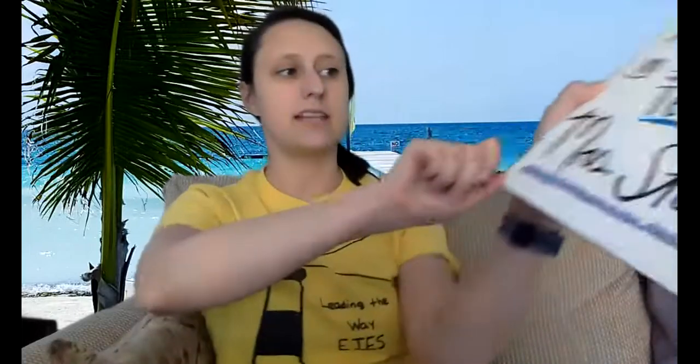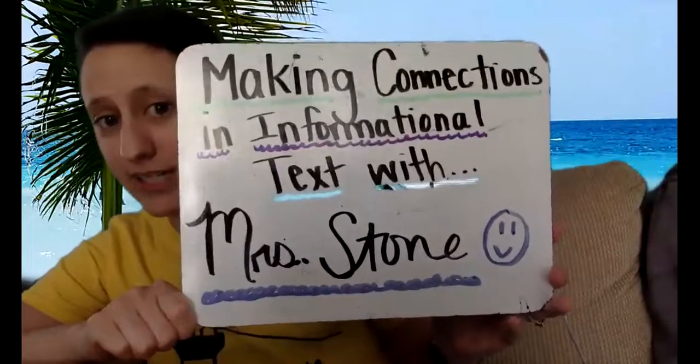Okay, so today we're going to be working on, just like the board said at the very beginning, making connections in informational text with Miss Stone. So we're going to be looking at how the author connects paragraphs or even sentences within a paragraph to prove a point or to discuss a point. So it's kind of like when you're writing and you're making your graphic organizer, you say, these are the things I need to talk about.